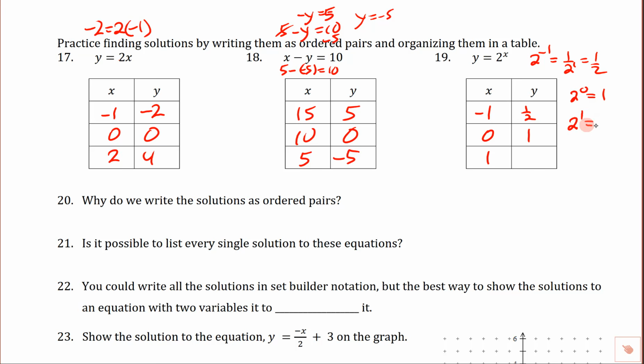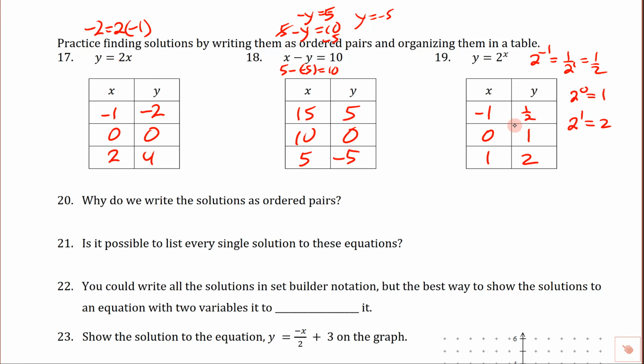And if I do 2 to the first power, well, that's just a 2. Okay? So I can go through and take what look like a couple of kind of ugly equations, especially 18 and 19, and I can come up with 3 sets of ordered pairs that make each one of those equations true. So I could keep doing that.